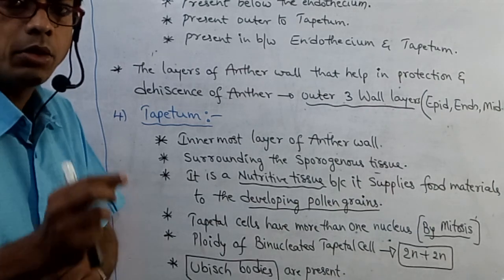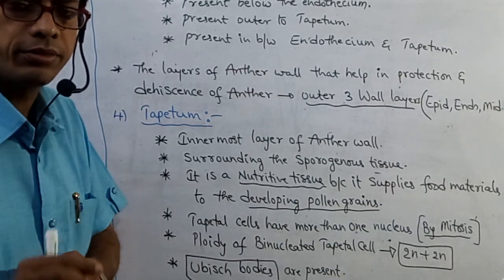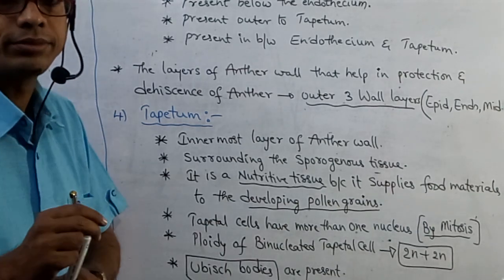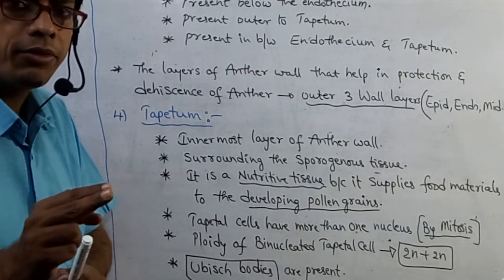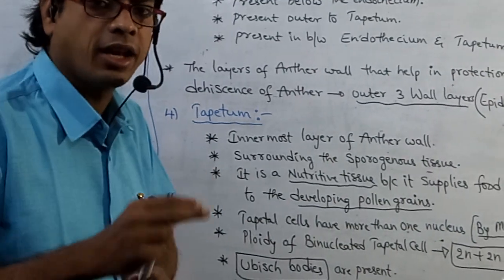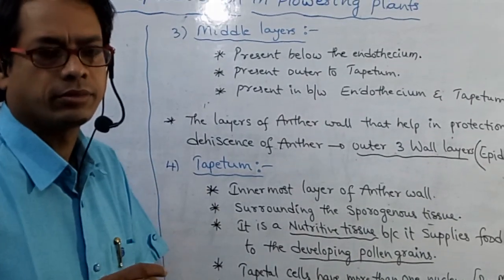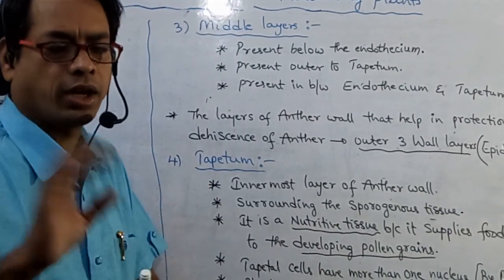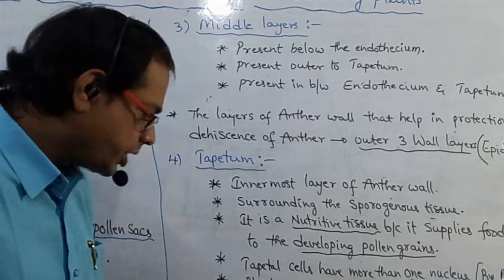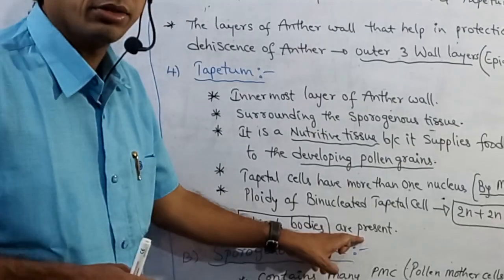I want to repeat. Ploidy of binucleated tapetal cell is 2n plus 2n. Don't say 4n.